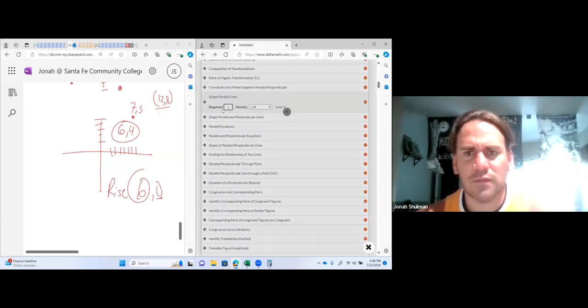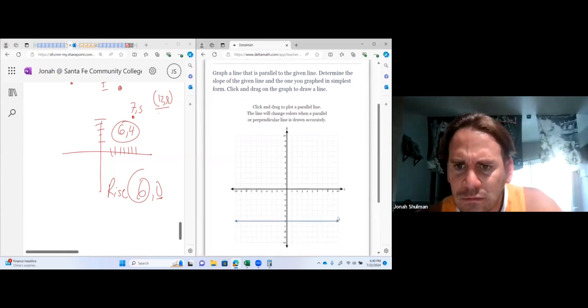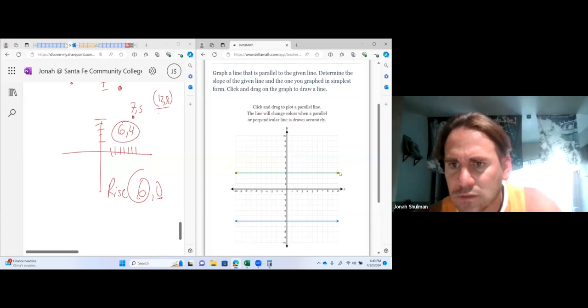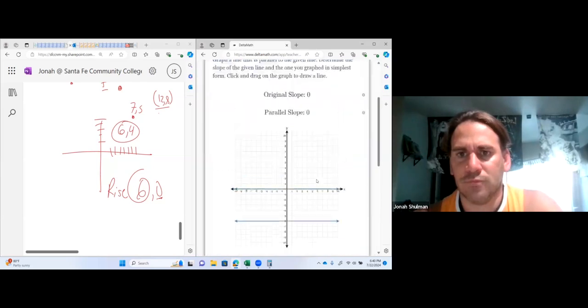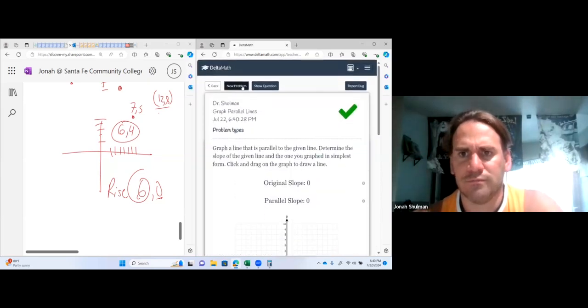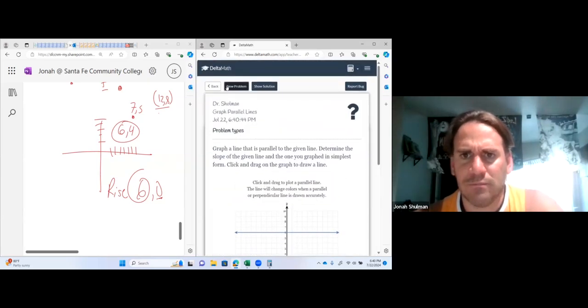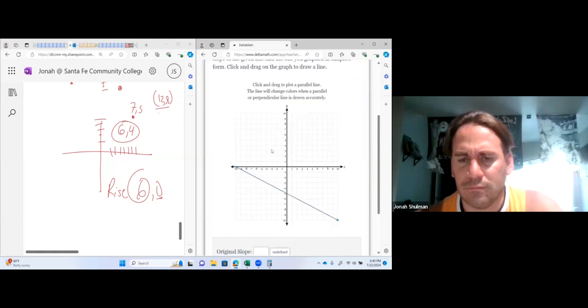Graph some parallel lines, nothing too crazy. Click and drag. We just need a parallel line. Ooh, nice. That's a 0 slope, and this one's also a 0 slope. Beautiful. Let's do another one. Oh, it's the same. All right, here we go.